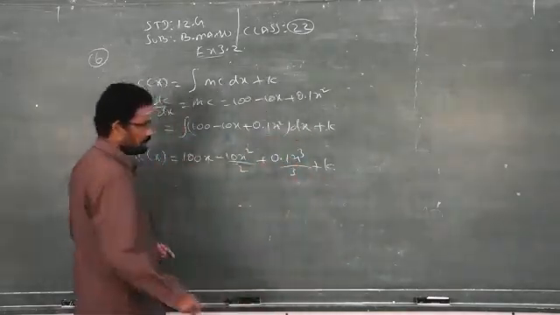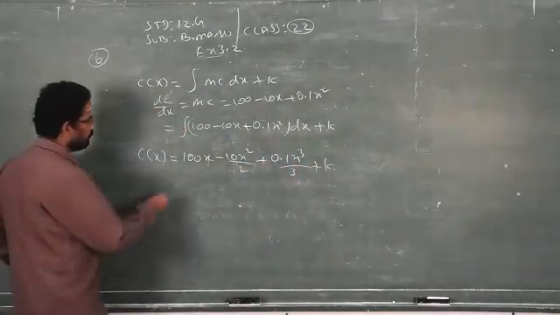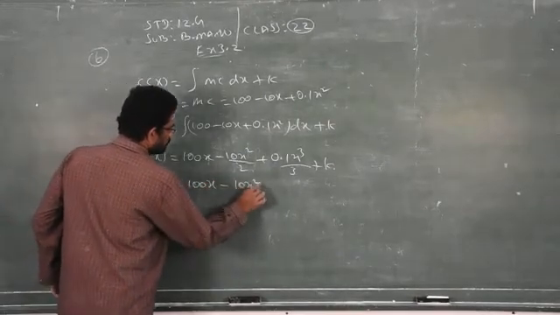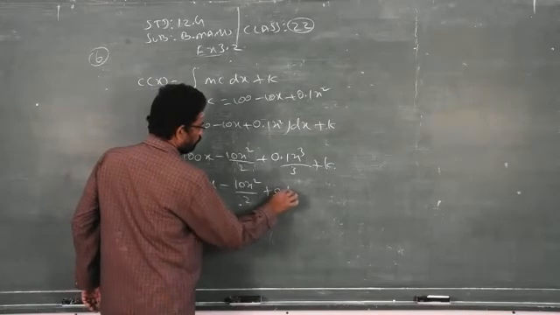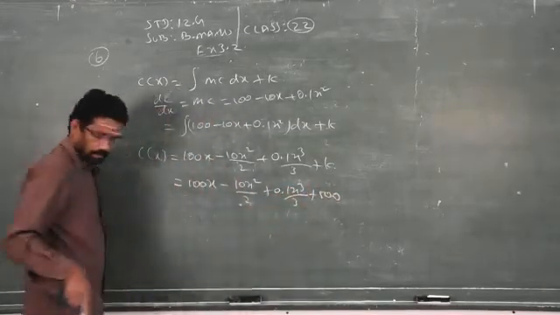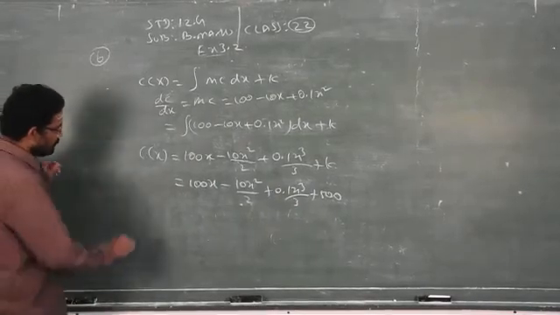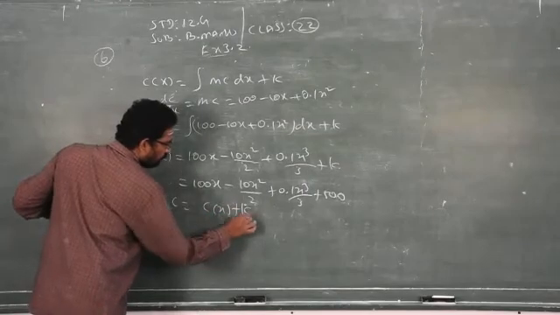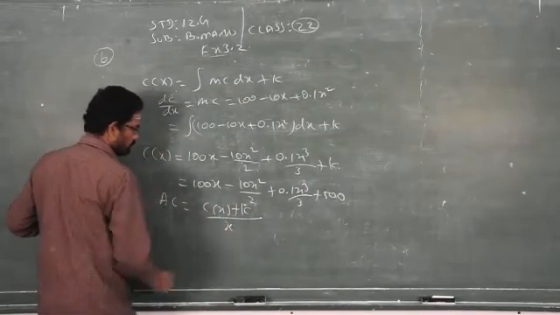So now the fixed cost is given already as 500. Therefore, you just have to replace k with the fixed cost: 0.1 x cube by 3 plus 500. It is given already, fixed cost is 500. This is the total cost. How do you find average cost? Cost function divided by the variable x.